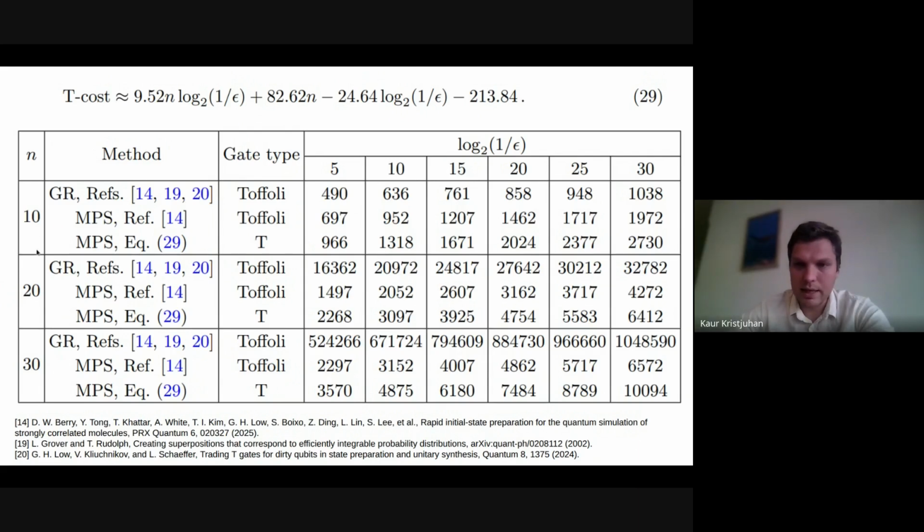By the way, n is the number of qubits in the control register, and log 2 of 1 over epsilon is essentially a precision parameter. You can think of it as the number of bits of precision you use to approximate those rotation angles.